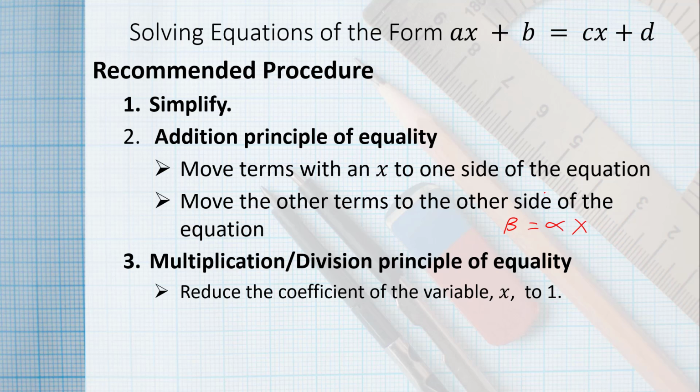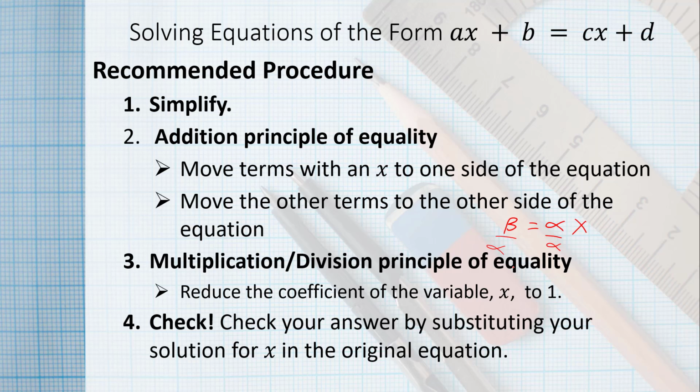And third, we will use the multiplication or division principle of equality to make that coefficient equal to 1. And of course, you will do that by dividing this side by alpha and also this side by alpha to preserve the equality. And then once we're done, we will check to make sure that we are indeed correct.